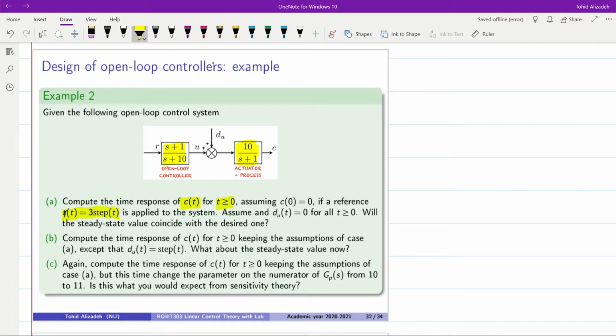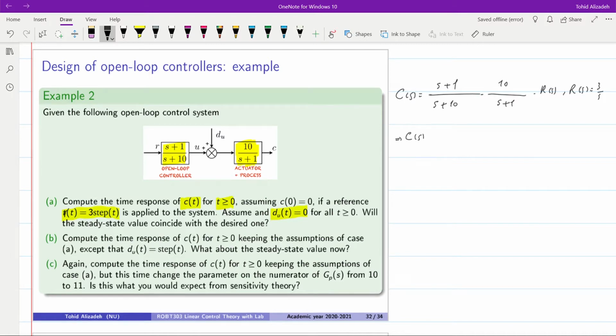For part A, we assume that the disturbance is equal to 0 and therefore the output for the system could be obtained in this way. C of s will be equal to the transfer function of the controller times the transfer function of the plant times the input, which is R of s. And we know that R of s is equal to 3 over s.